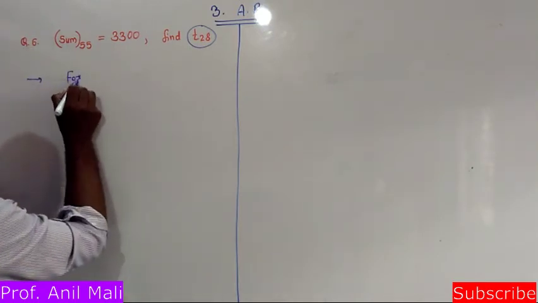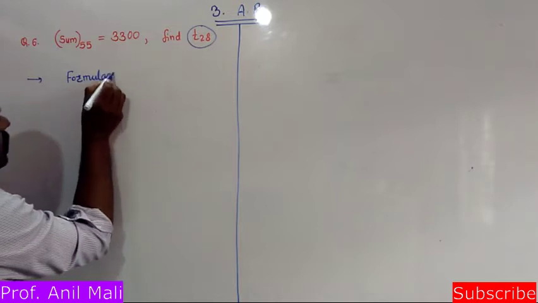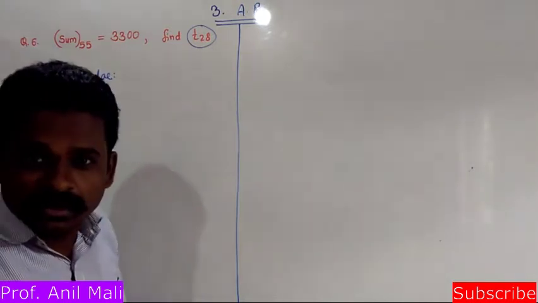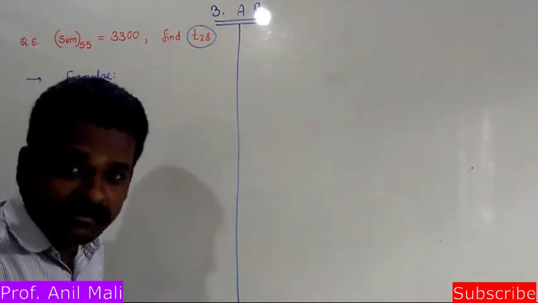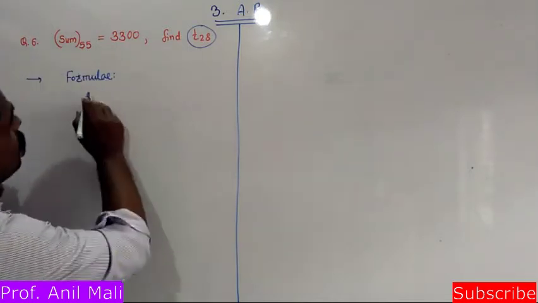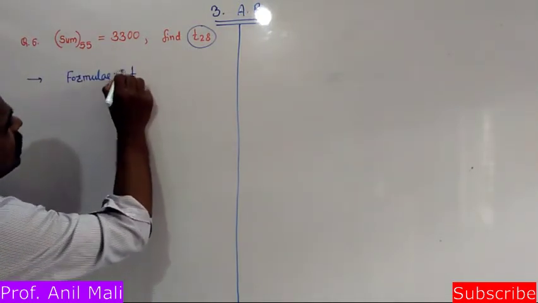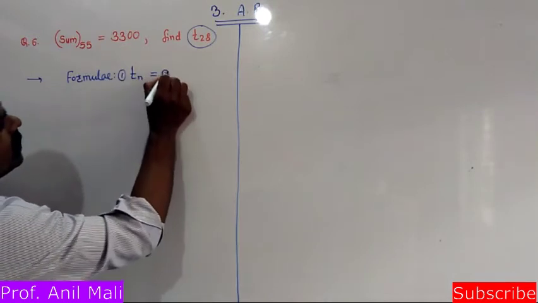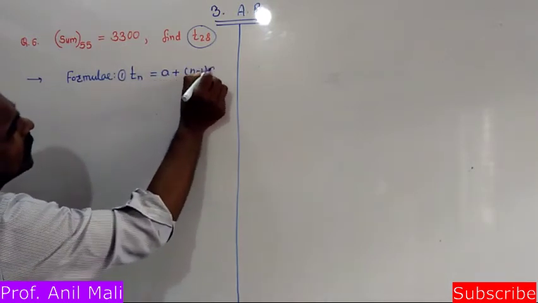First we'll write the formulas. With the help of formulas only, we will find out the terms which they haven't given us and we need to find out. Formula number 1 is Tn is equal to a plus n minus 1 into d.